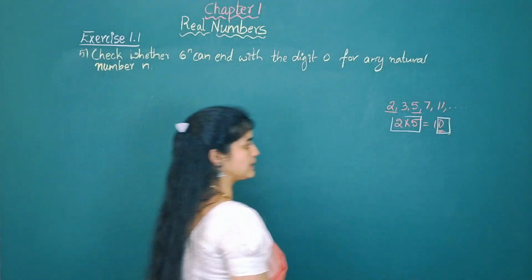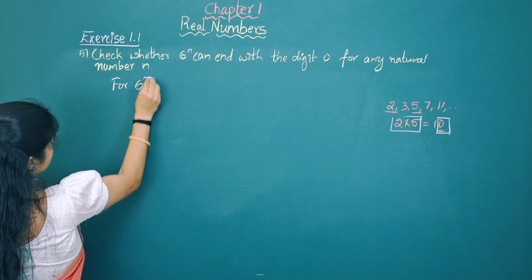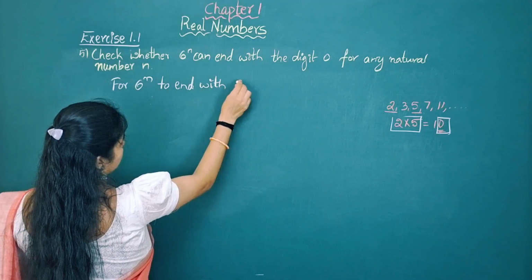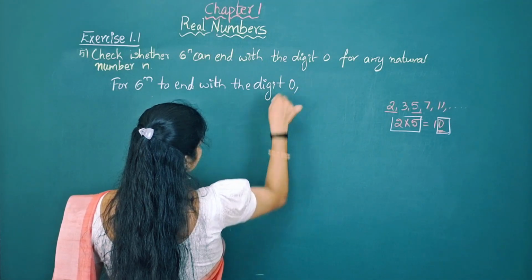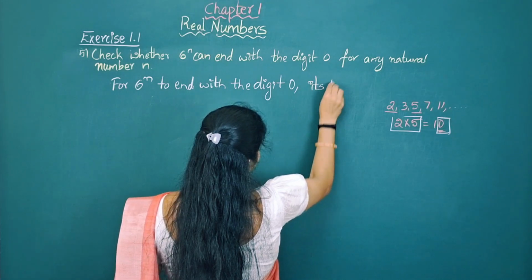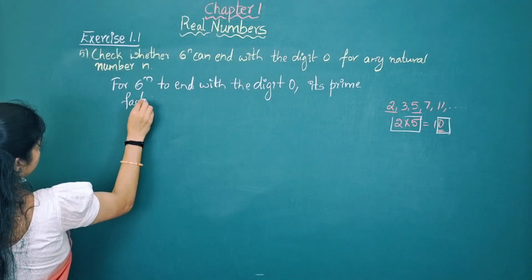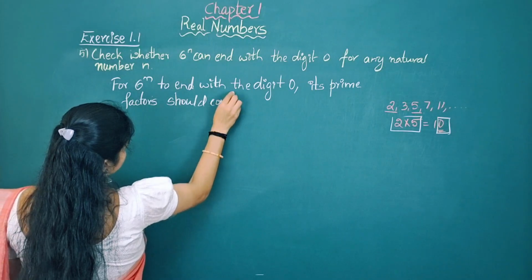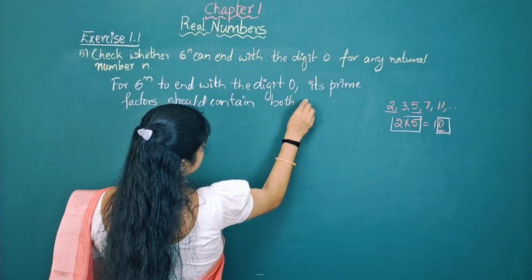Okay. So now let us write: for 6^n to end with the digit 0, its prime factors should contain both 2 and 5.